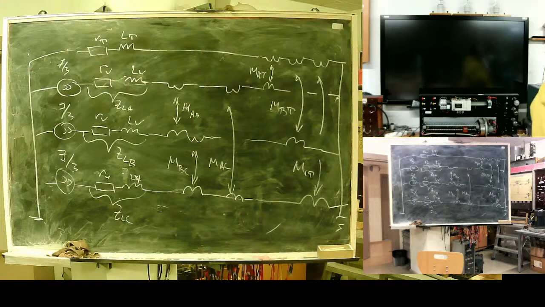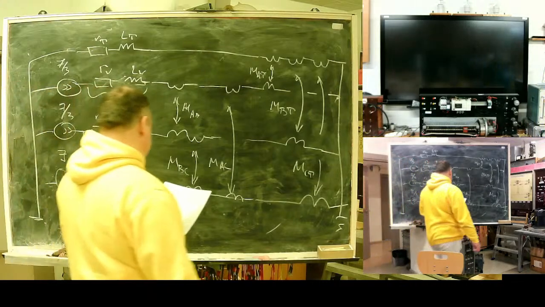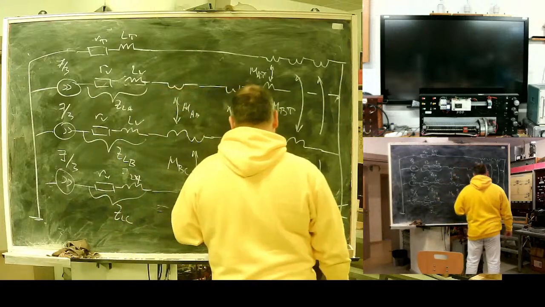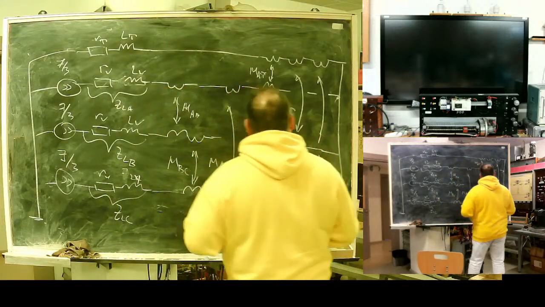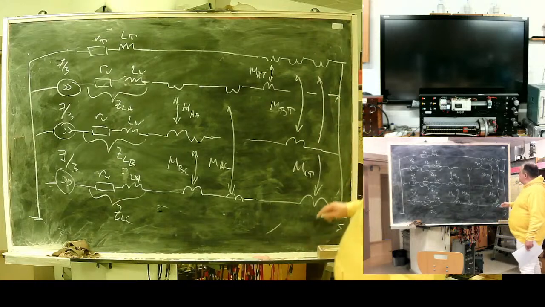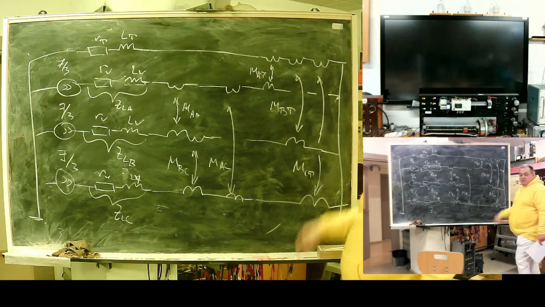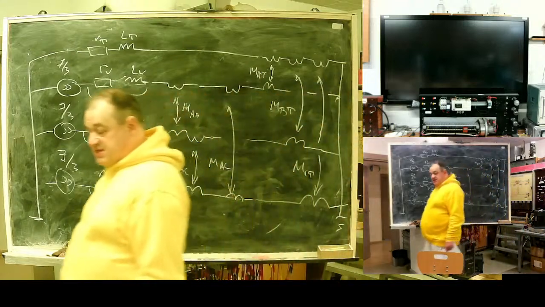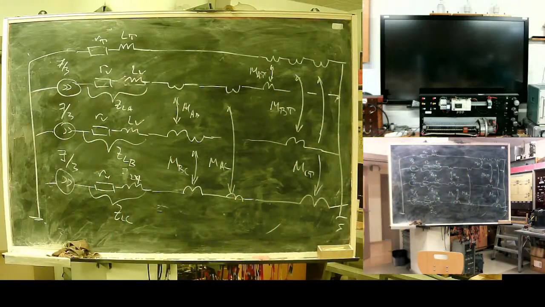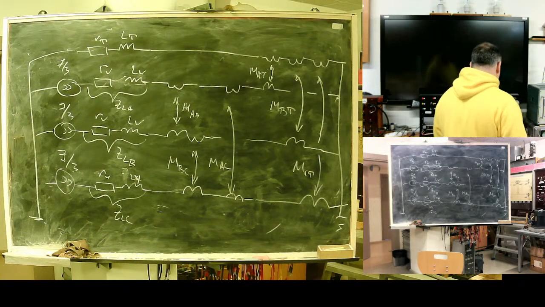See, that's the more interesting thing. When we deal with this, and this, they will produce mutual resistance. And this resistance will decrease the observable line resistance.